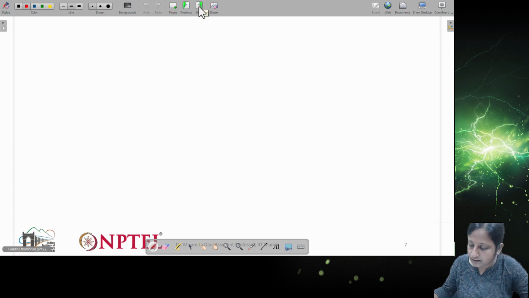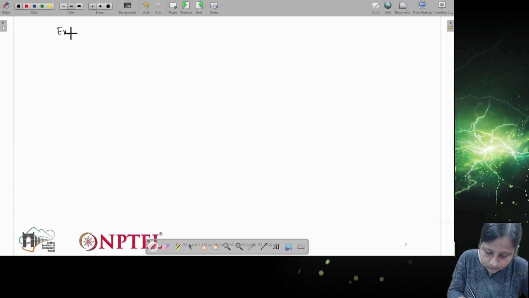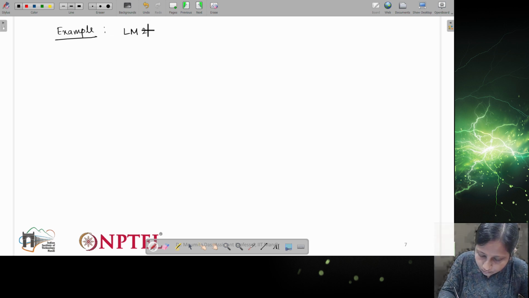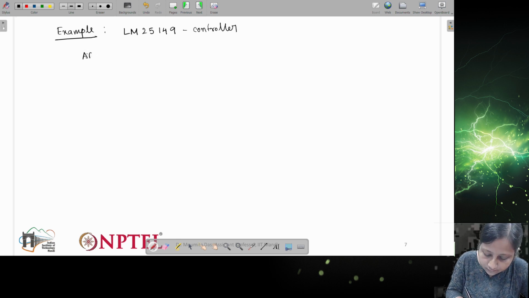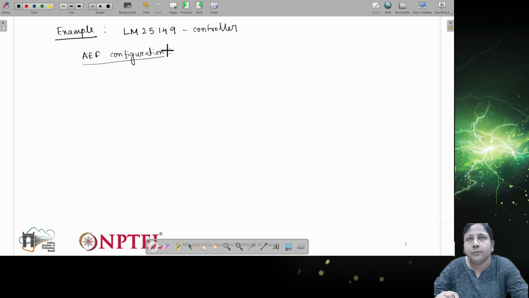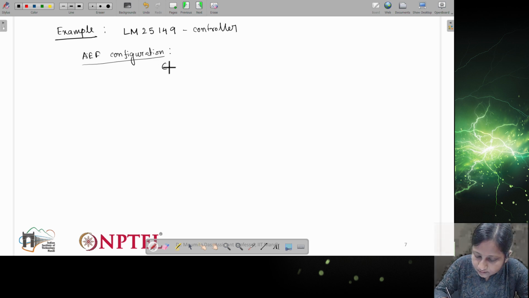So just to give you an example, let's consider the example of the LM25149 controller. The AEF or the active EMI filter configuration will be, you know, C sense in this case will be 100 nanofarad.